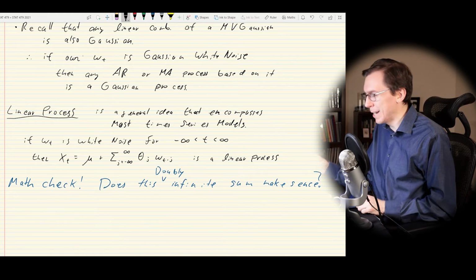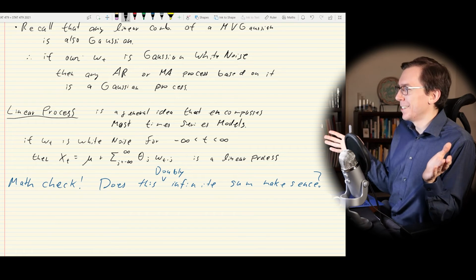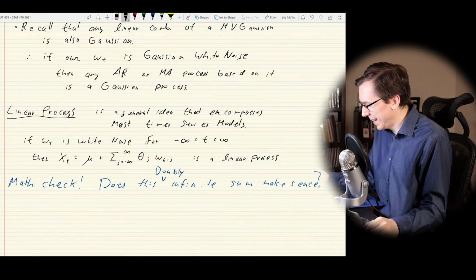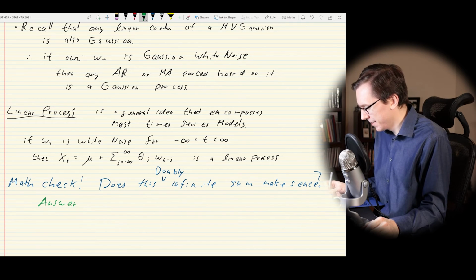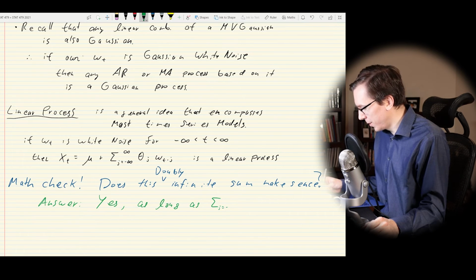Because now I'm summing in two directions, summing up to infinity a bunch of random variables. And the answer is yes, as long as the sum over all j from minus infinity to plus infinity of theta_j squared is finite.